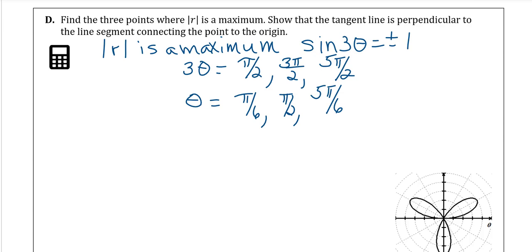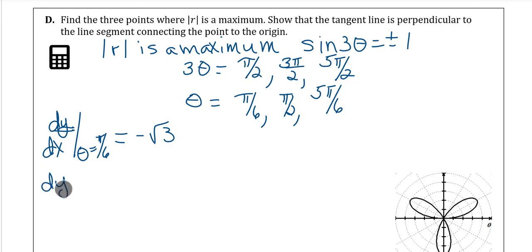Okay, so now we want to show that the tangent line is perpendicular. So what we have to show is that we have negative reciprocals here for these points. So if I substitute in the derivative dy/dx, if I substitute in my new theta as pi over 6, and I'm going to skip the work for that, I'm going to get negative square root of 3.